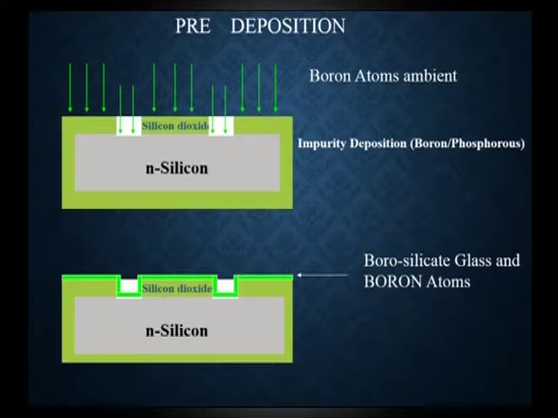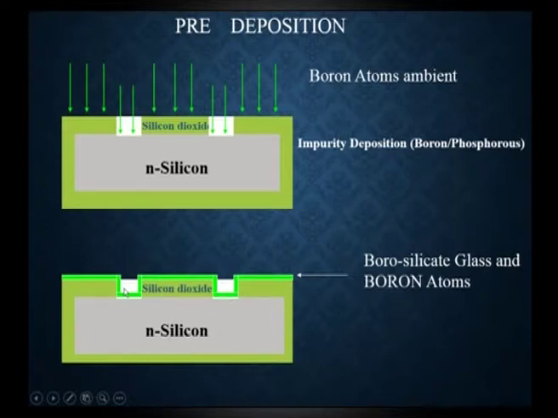Now we are going to deposit boron atoms on the wafer that we have prepared till now. The impurity deposition, like boron or phosphorus, which is trivalent, is exposed on this silicon dioxide layer, and when the borosilicate glass and boron atoms are placed here, this is how it looks.